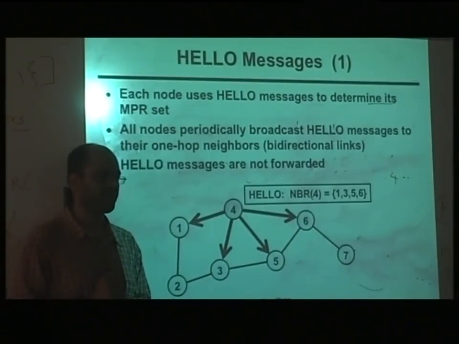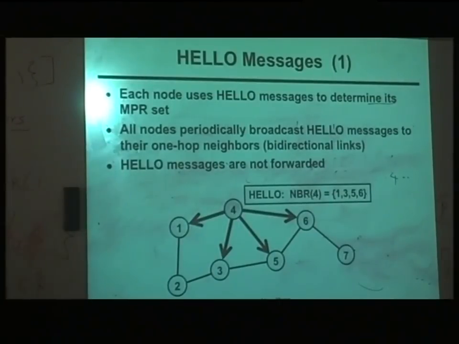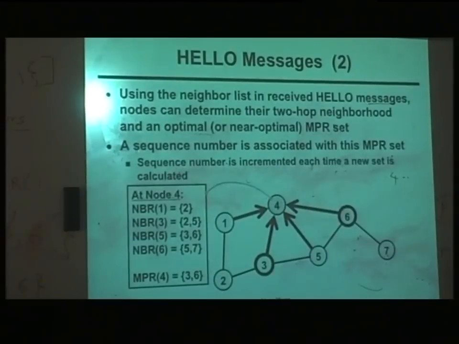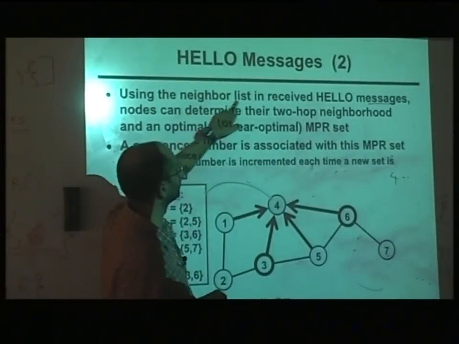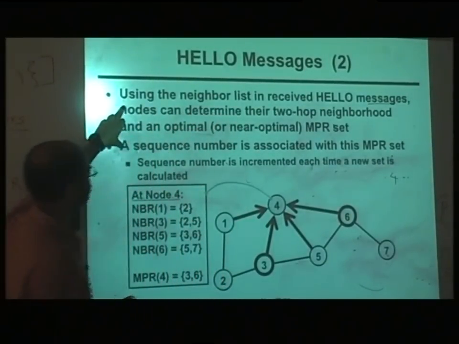We add something called a via message. Let's see this. So what you do is, you send this neighbor list, right?